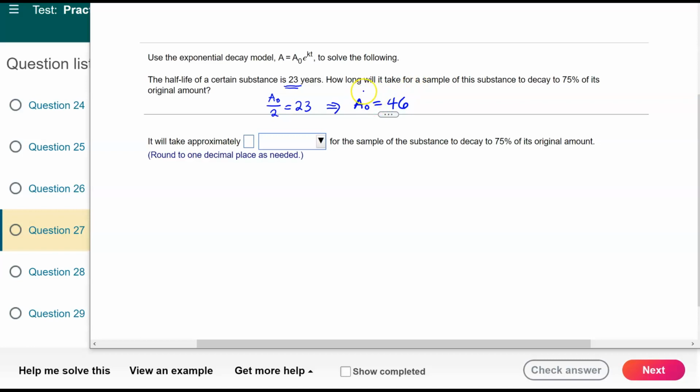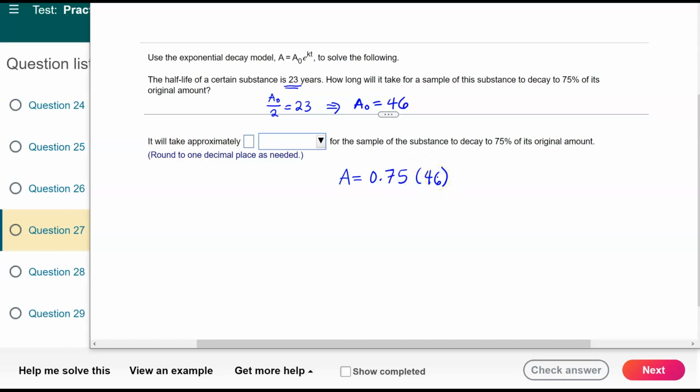So we want to know how long it will take for a sample of this substance to decay to 75% of its original amount. The original amount is 46, from the given. So you're just going to get 75% of 46. So A is 75%, so 0.75 times 46.